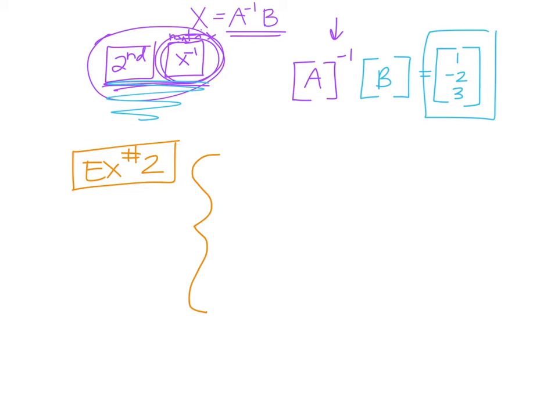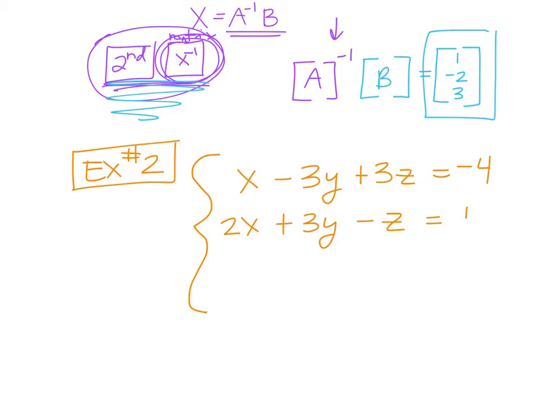Okay, back to systems. If I have x minus 3y plus 3z equals -4, and then I have 2x plus 3y minus z equals 15, and then I have 4x minus 3y minus z equals 19.